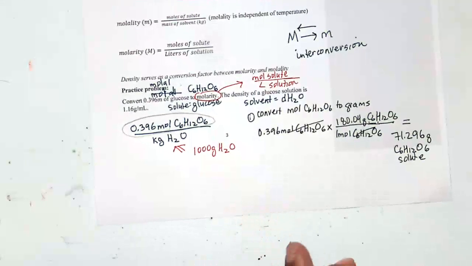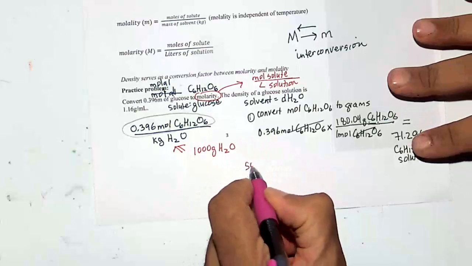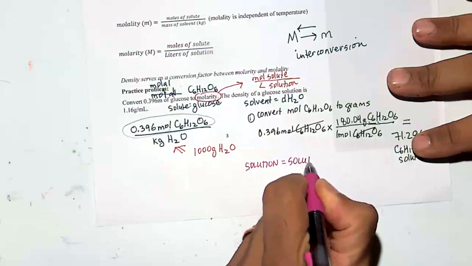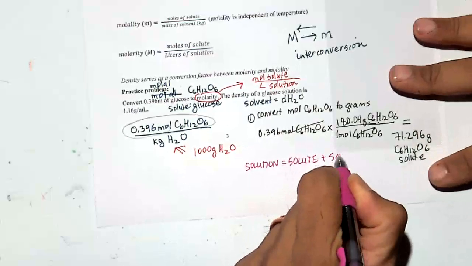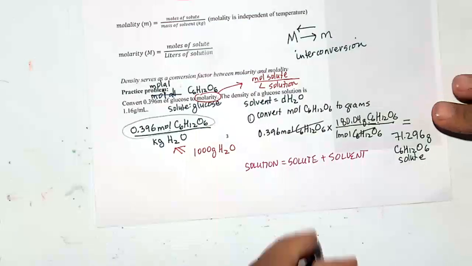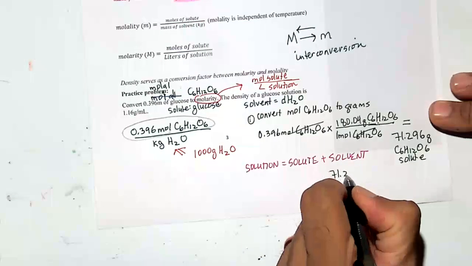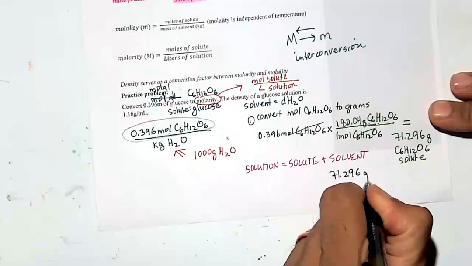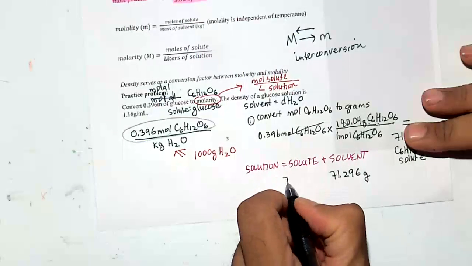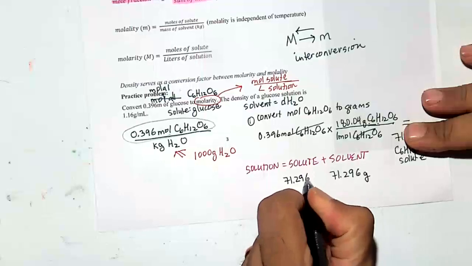What do we know about a solution? What are its two components? Solute and solvent. So a solution is equal to solute plus solvent. We know that our solute is 71.296 grams.